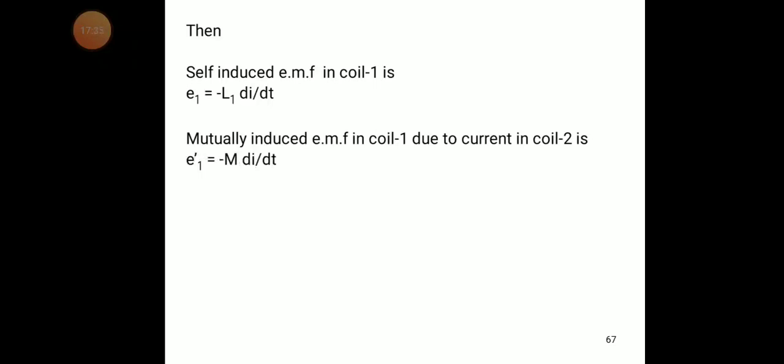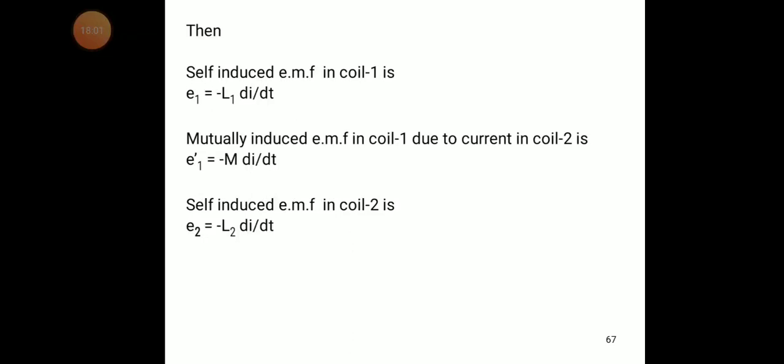L1 specifies the self-inductance of the first coil, L2 gives the self-inductance of the second coil, and M indicates the common mutual induced EMF of the two coils. Next, the self-induced EMF in coil 2 is E2 equals minus L2 di by dt.